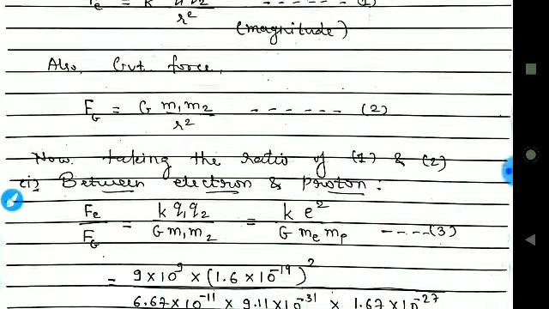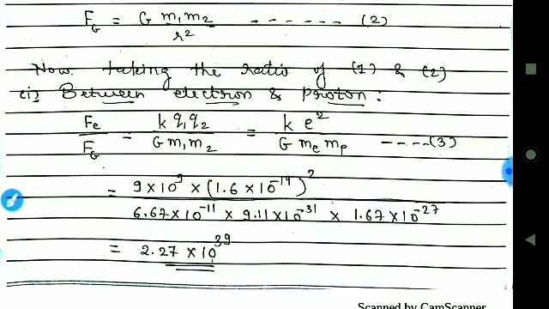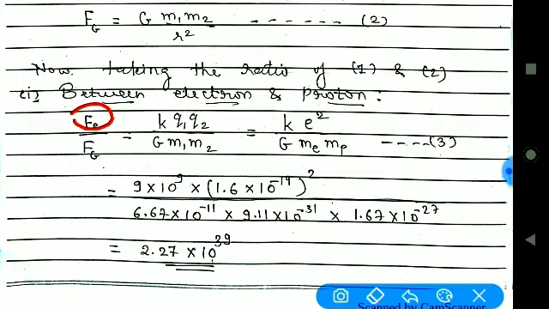Now we have to compare these two forces. So to compare we have to take the ratio of equation 1 and 2, from equation 1 Fe upon from equation 2 Fg. So we will get this equation.